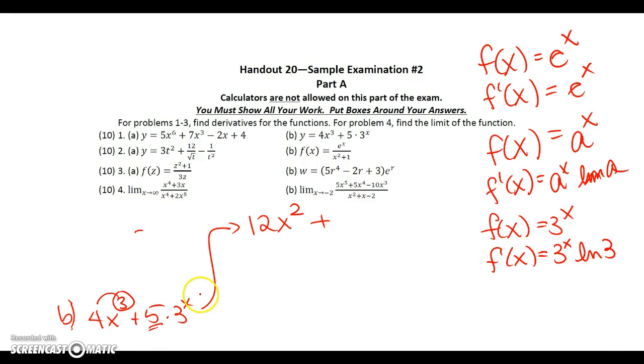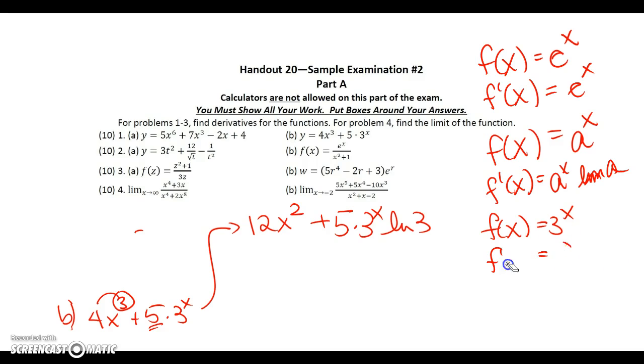So the constant just goes along for the ride as 5 times 3 to the x ln of 3. And I'm quite sure that's the answer that the teacher has at the end of this exam.